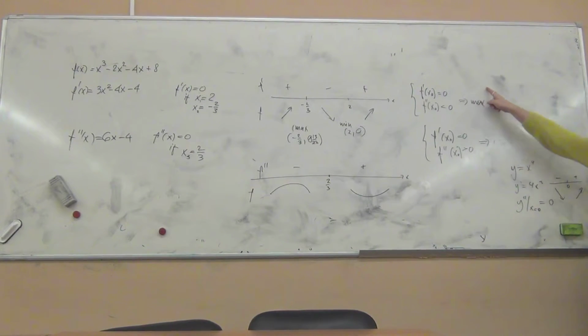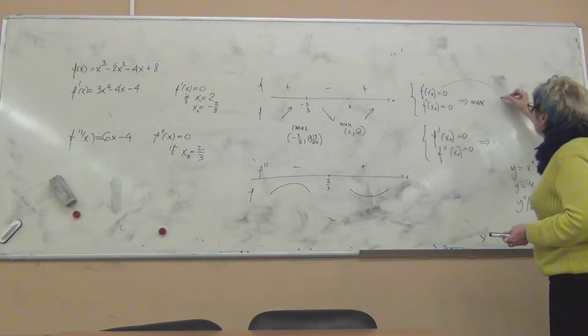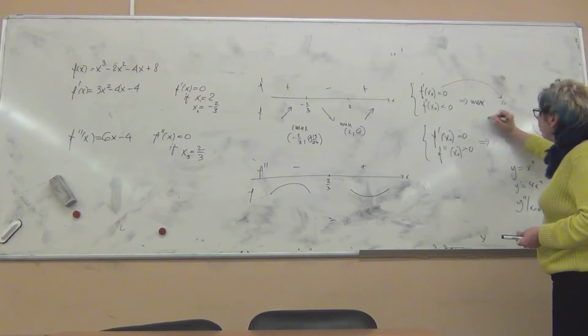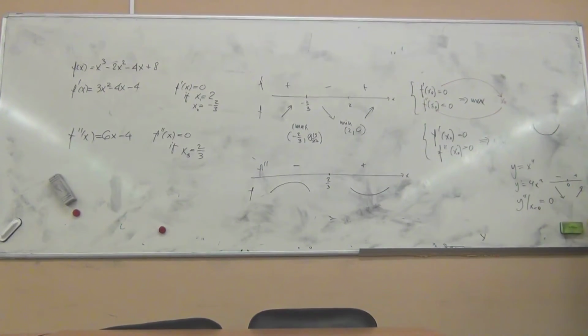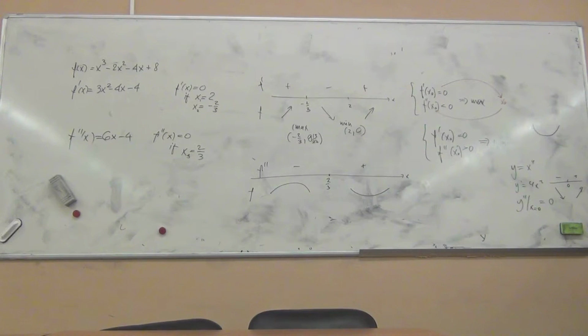You found x0 from this, put it in there, and you don't even have to evaluate it precisely. All you have to see is whether this second derivative would be positive or negative. So from this we find x0, then we put it in the second derivative and check the sign. And the sign will tell us whether this point is maximum or minimum. But it doesn't always give us an answer. So this method, unfortunately, does not always work. Only sometimes.